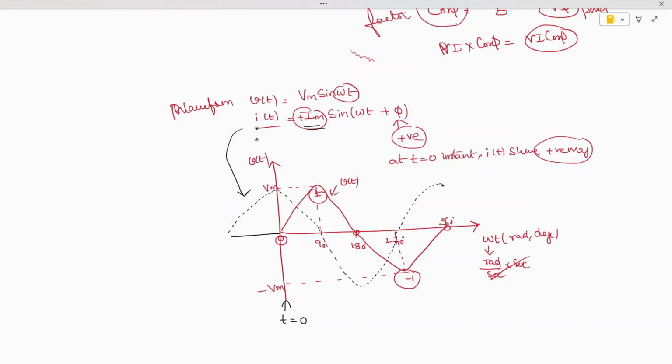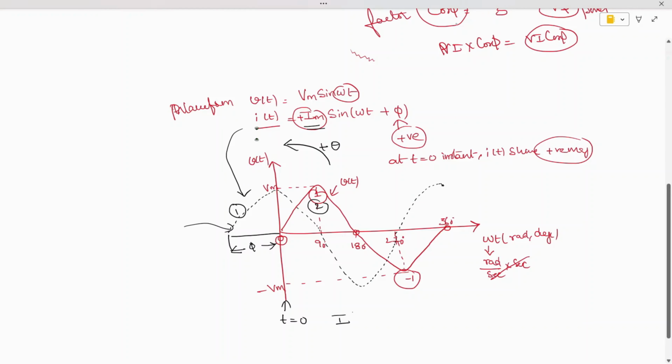You can see this has already started with an angle of phi. Since it has already started, I can say which is the first starting component and which is the second, with respect to the reference phasor, which is the reference phasor in the clockwise direction. So the current has started first and voltage is next.